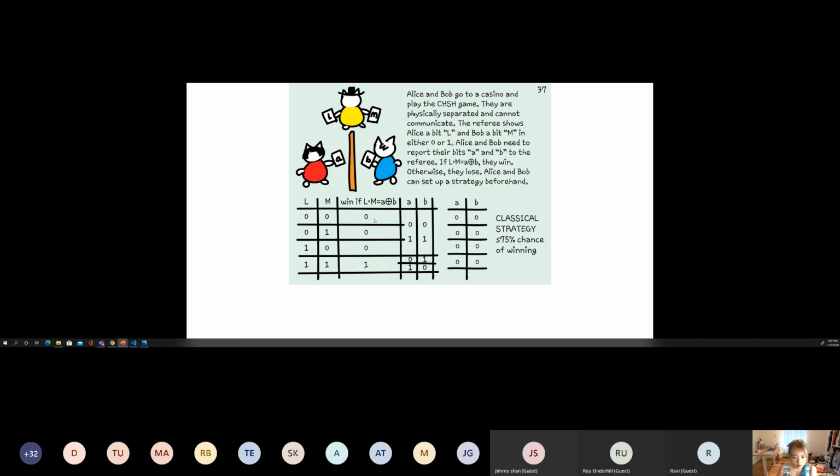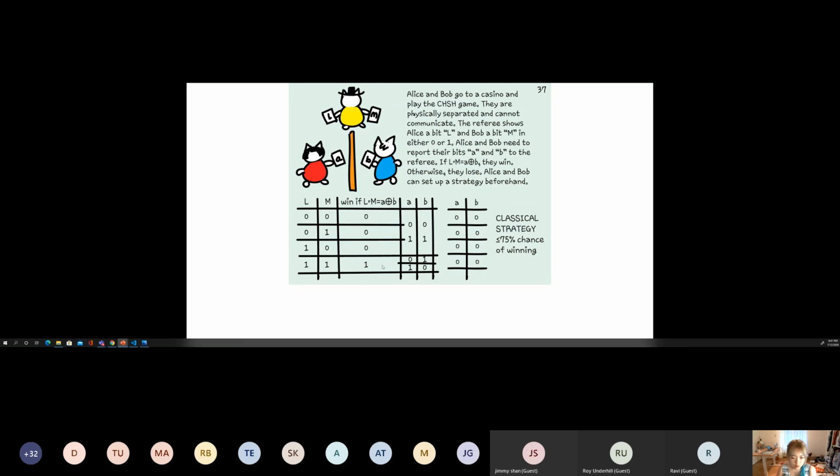So also, you can understand that in order to get 0001, your A and B have to be 0011 for the case of 000, because you can calculate what A control B would be. So 0 control 0 will still be 0. 1 control 1 would flip this, because your A is the control bit and your B is the target bit, so it flips to 0. So these two cases will give you these three cases.